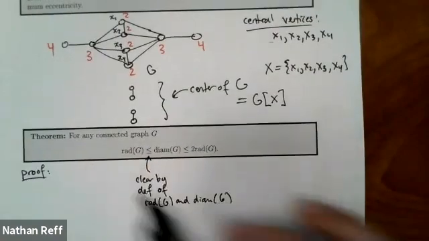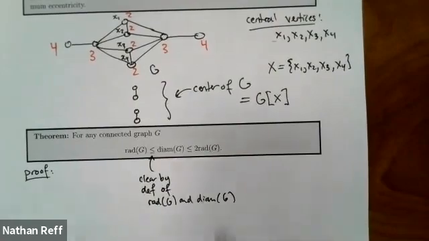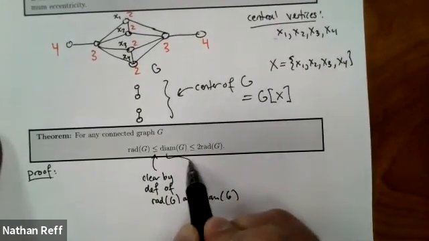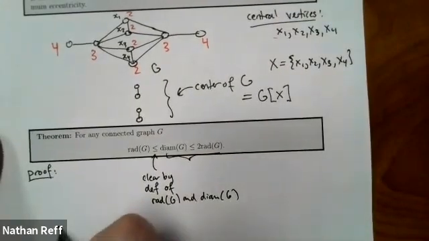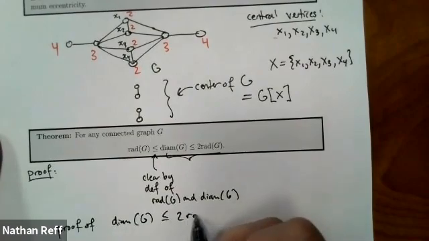So you see these 2 global parameters give you some global structural information, but it's not going to be perfect. How do you prove the other one? Well, let's prove this. Proof of the diameter being less than or equal to 2 times the radius.